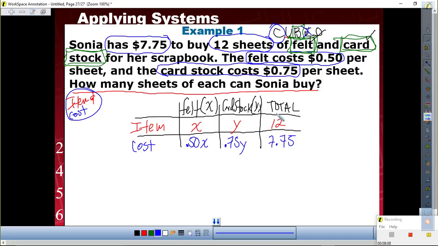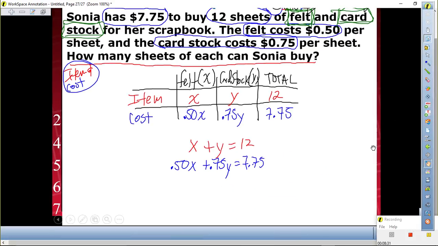Do you guys see the system now? Let's write it out. x plus y equals 12, and 0.50x plus 0.75y equals 7.75. Are we there so far?